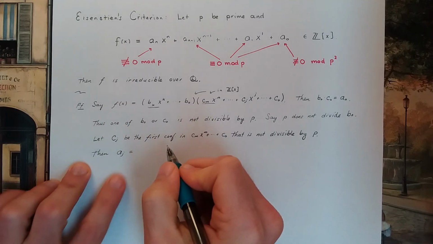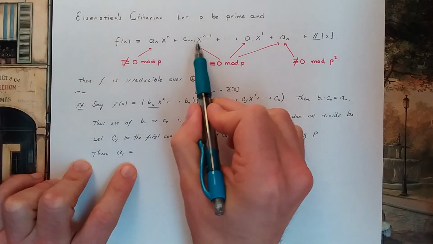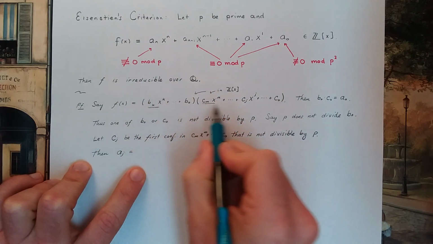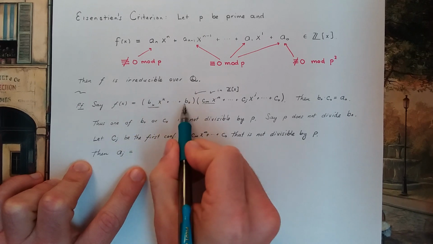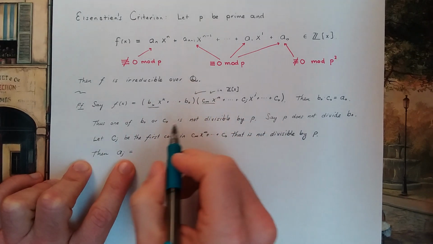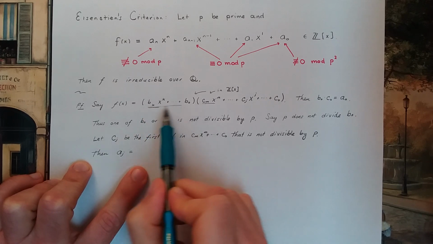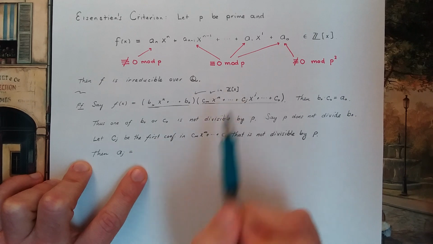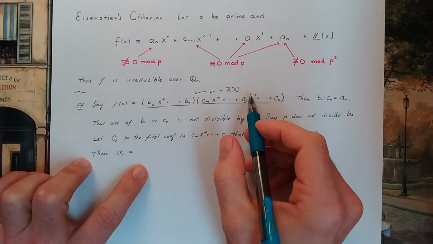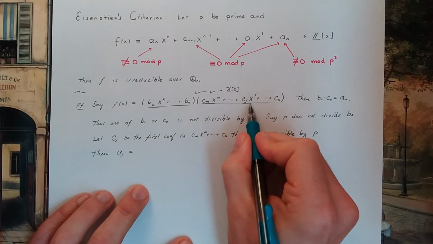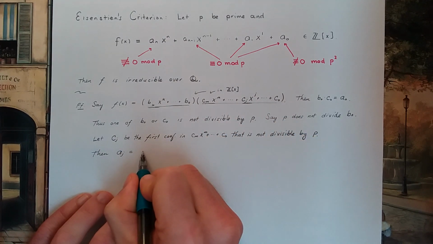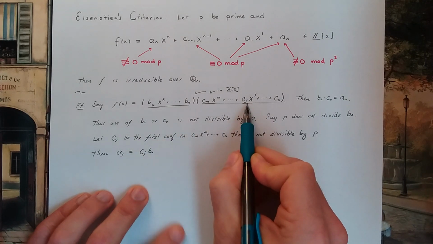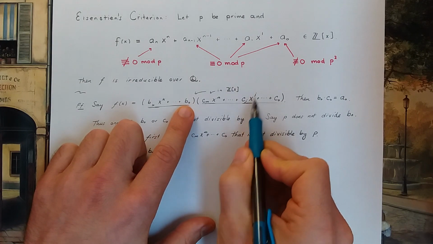Well, then what happens is the a_j coefficient, that's the coefficient in front of x to the j power, is a product of the b and the c terms. What is it exactly? How can I multiply something in this first parentheses with something in the second parentheses to get x to the j power? Well, I could start with c_j x to the j times b_0. So I'm going to write that down, c_j b_0. If I multiply these two terms, I get an x to the j.